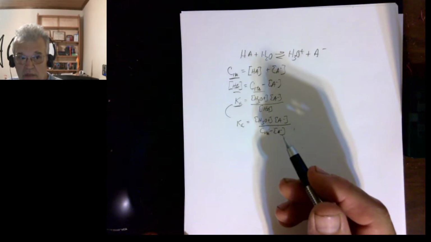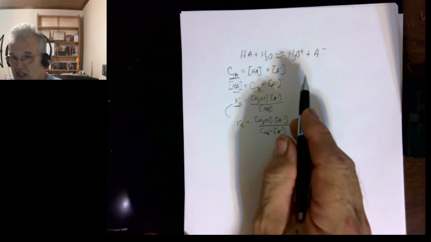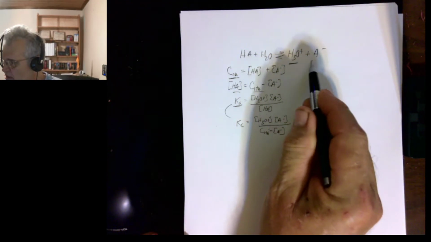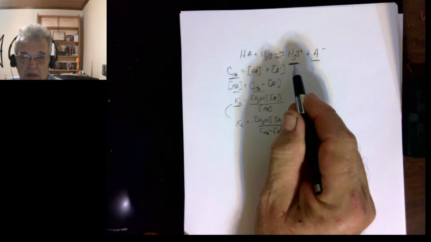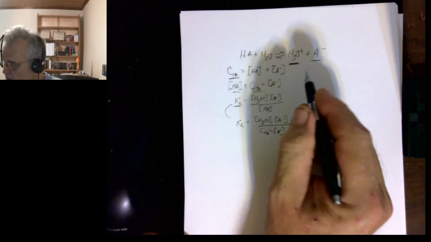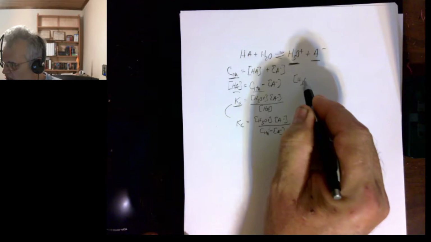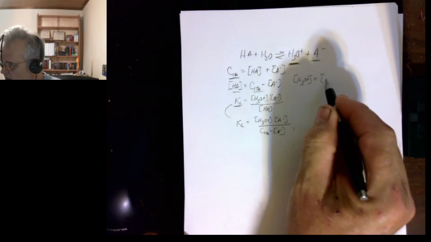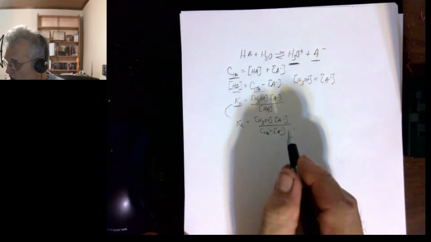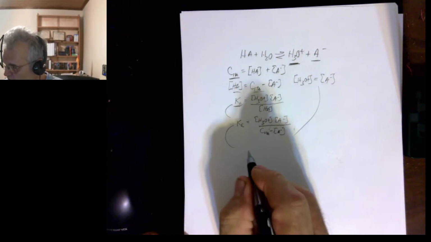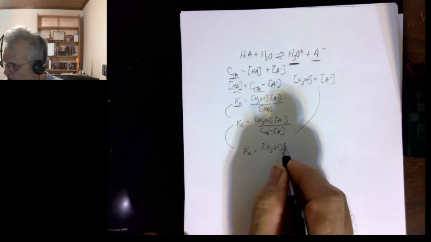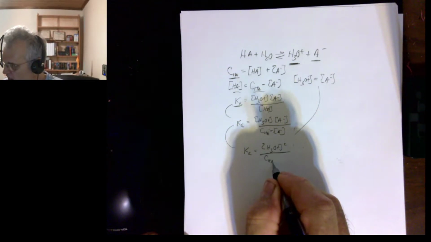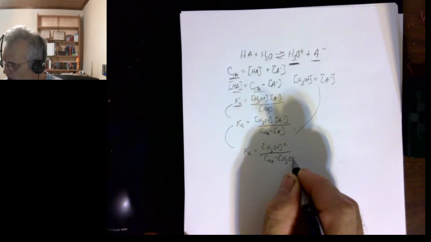Then, as we talked about last time, we can make an assumption, and that is this is a weak acid, but the hydroniums that we're getting all come from that weak acid. The amount that comes from the self-ionization of water is very, very small, so it's insignificant. With that assumption, we can say that the hydronium ion concentration is equal to the A- concentration. Therefore, with that substitution, Ka is equal to the hydronium ion concentration squared all over top of C_HA minus the hydronium ion concentration.